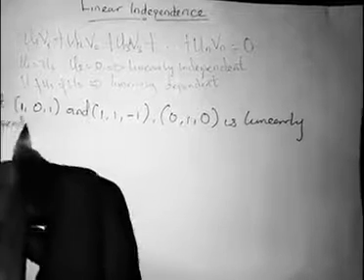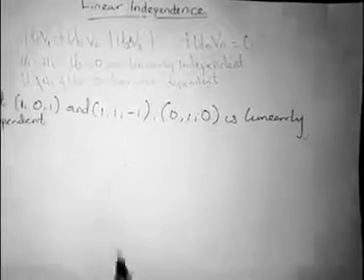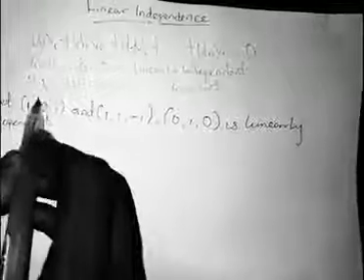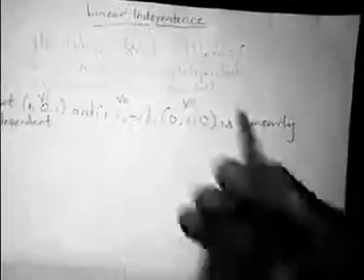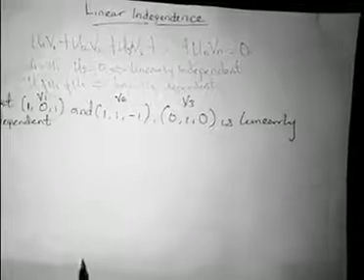So we want to show that this set is linearly independent. Now this is your vector 1, this is your vector 2, and this is your vector 3. Now this is very simple.